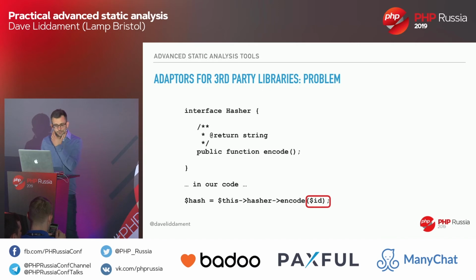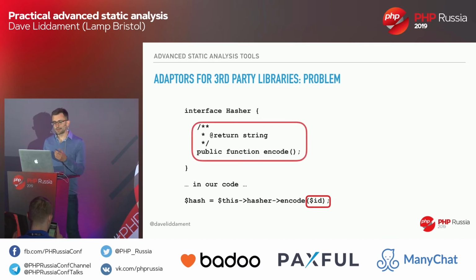In the cases I'd always be using it, I'd just be passing the ID of an entity. But if we look at the signature of this, it looks like encode doesn't take anything at all. Actually, it can take any number of arguments, and it just does something clever to get the hash. But this is not obvious necessarily to me, and it's certainly not obvious to the static analysis tool. So it would flag this up as an error.